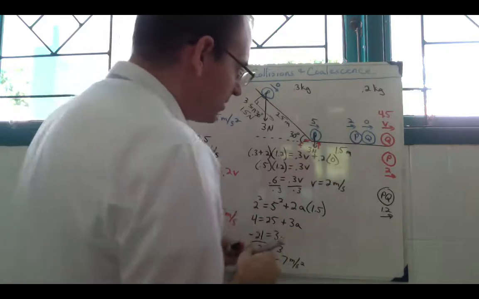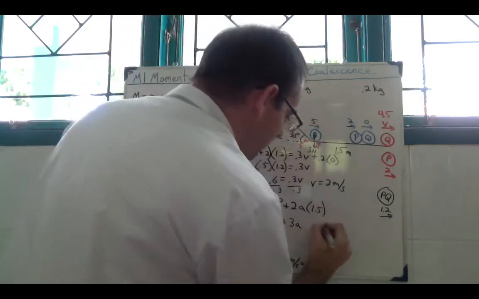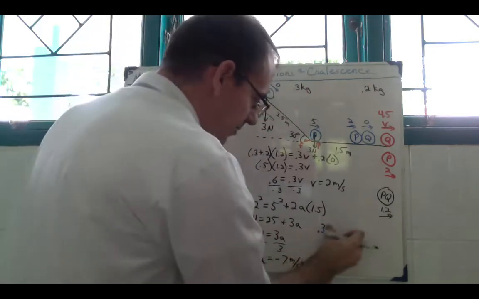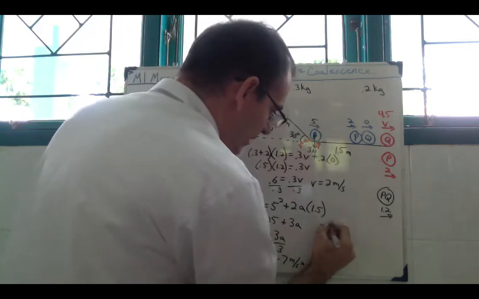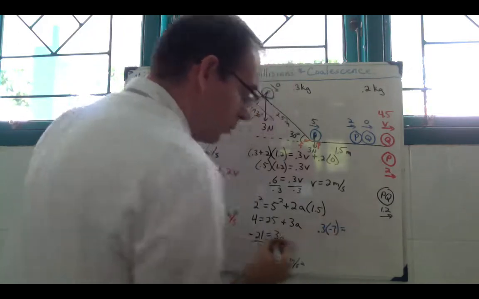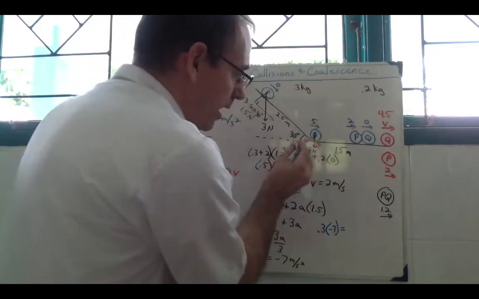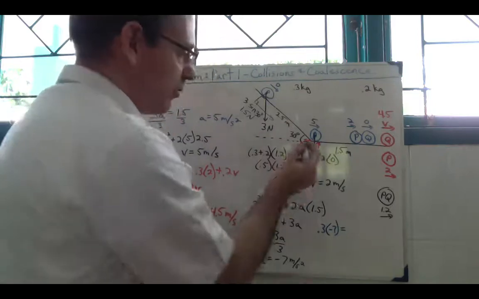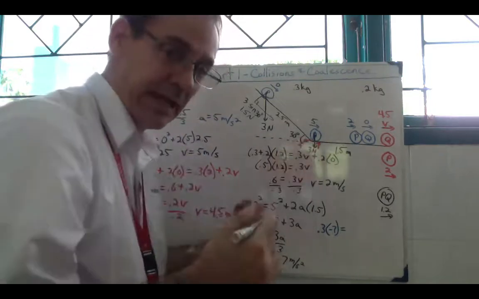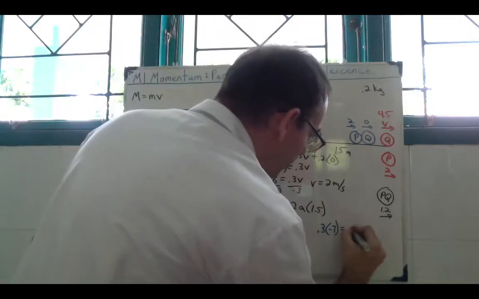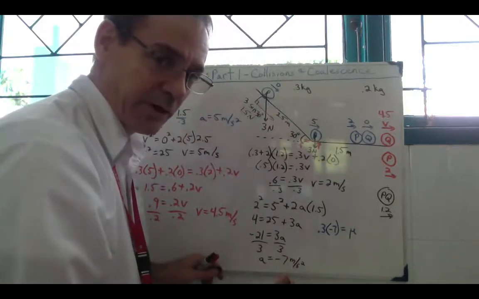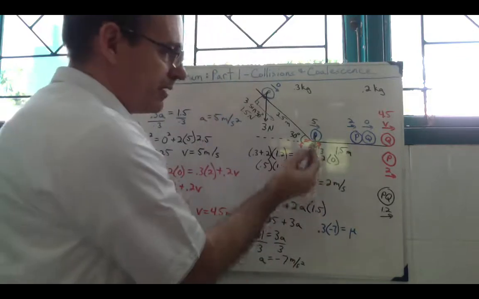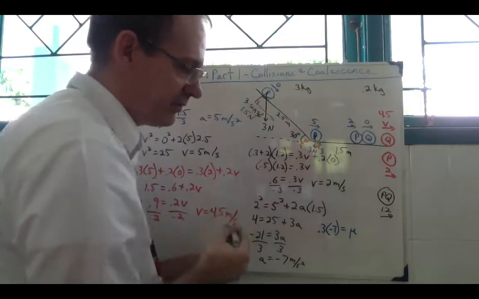And this is going to create a friction that will cause it to slow down. So our net force is mass times acceleration, and our acceleration is our negative 7, equals our resultant force, and there's only one force to resolve. So our resultant force is our friction, and friction is mu times the normal contact force. Well, the normal contact force is a 3 pushing up against the 3 newtons of gravity.